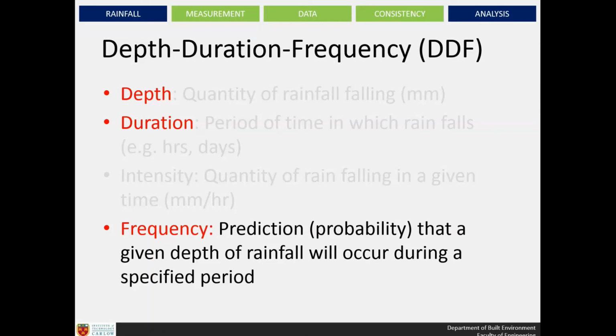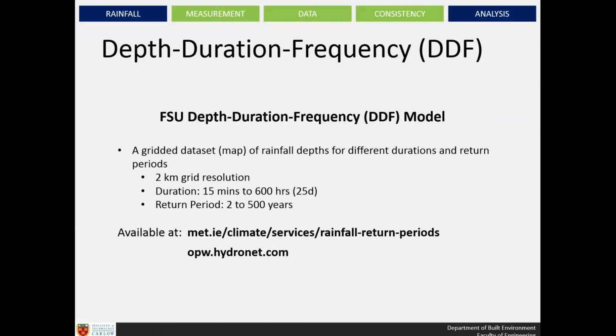And the DDF curves combine these parameters. So they describe rainfall depth as a function of duration for a given return period. Now, this analysis was carried out by Met Éireann as part of the OPW Flood Studies update, and they produced a DDF model for Ireland, which is a gridded data set of rainfall depths for different durations and return periods.